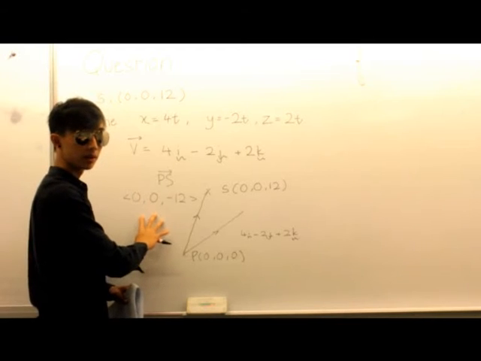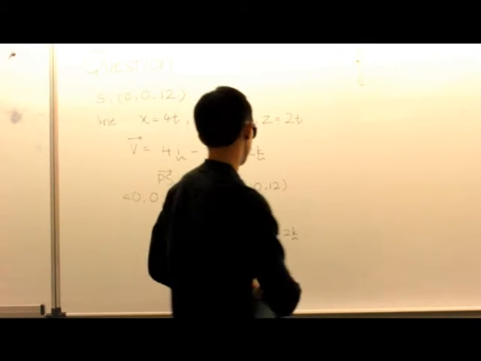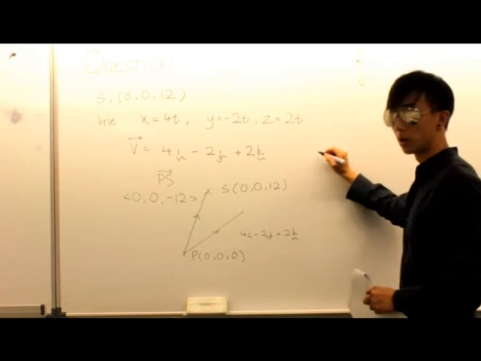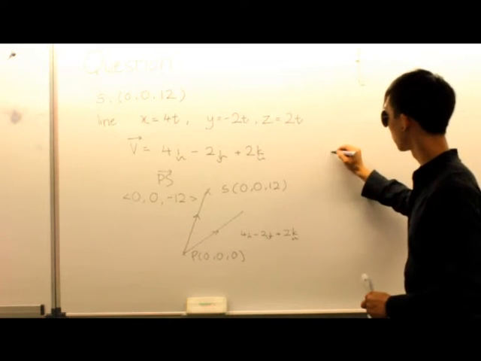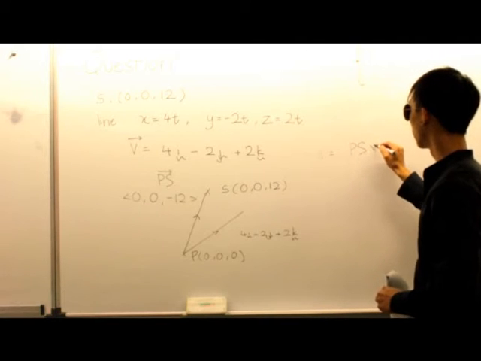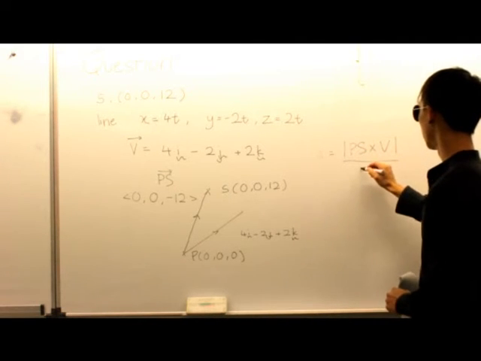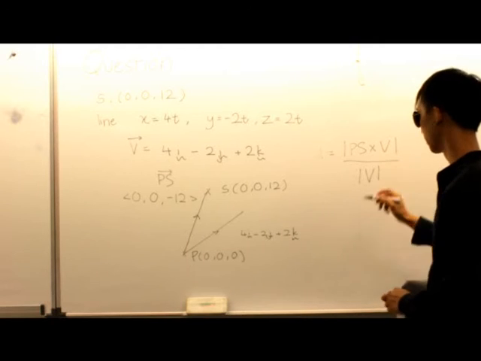So this is the vector PS. As I said earlier, the distance formula which I showed you is equal to PS cross V over the magnitude of V.